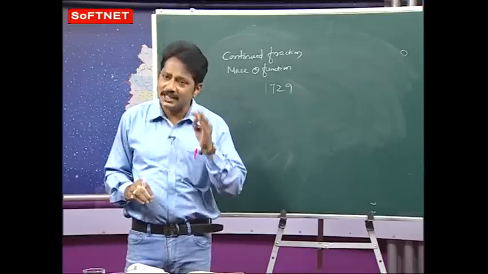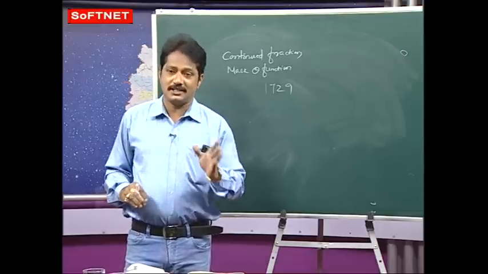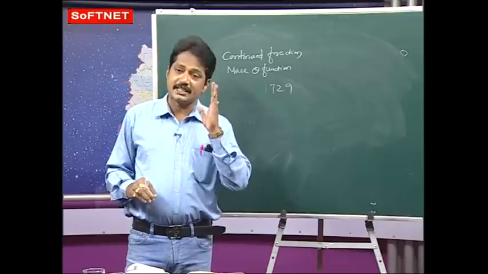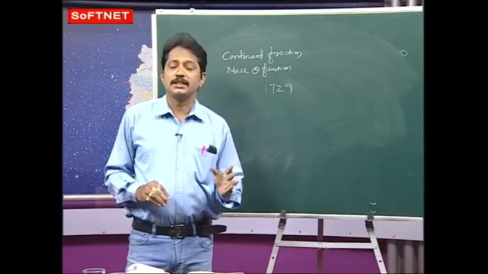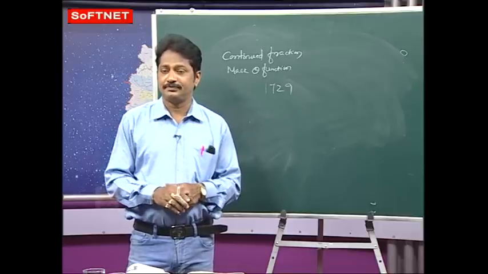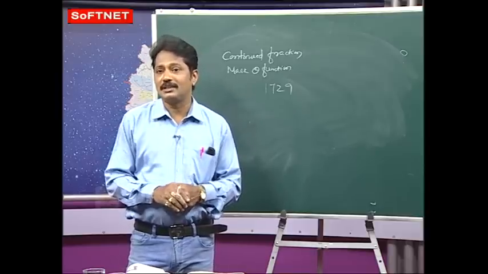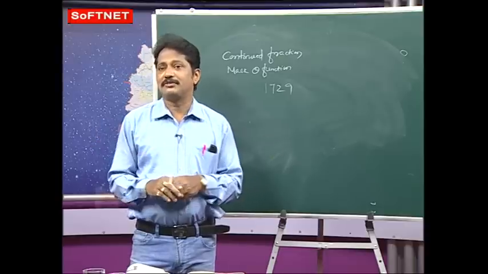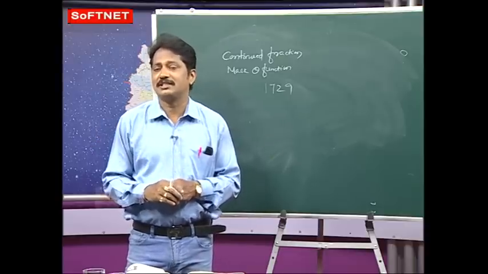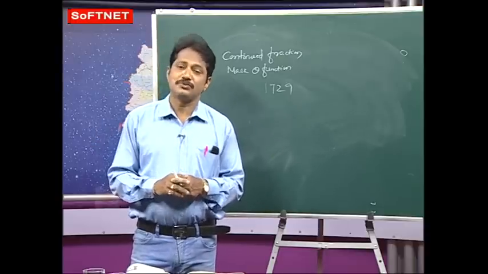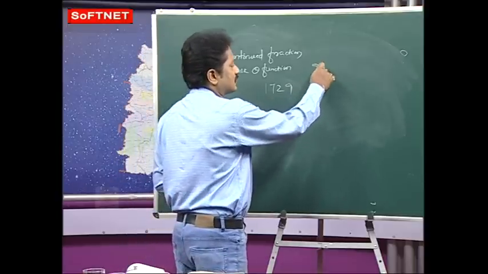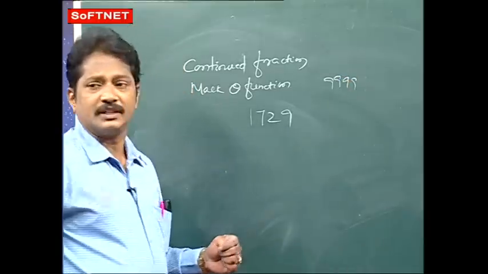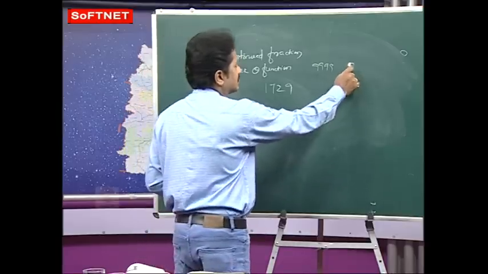This is the smallest number among the 4-digit numbers which can be expressed as the sum of 2 cubes in 2 different ways. How many 4-digit numbers are there? The largest 4-digit number is 9999, and the largest 3-digit number is 999.